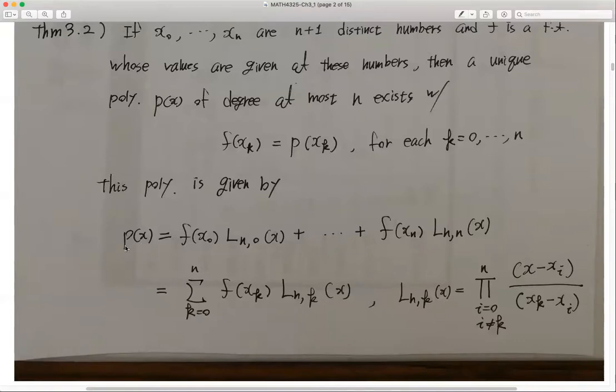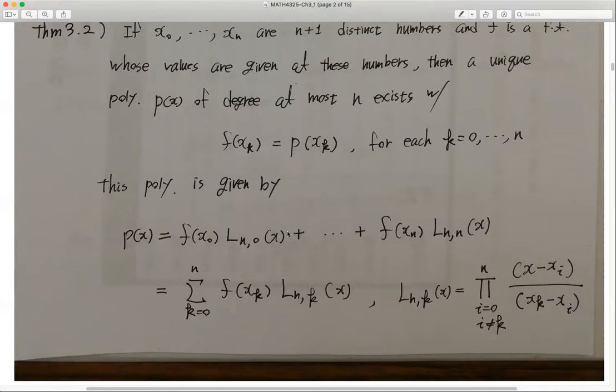So how do we construct the Lagrange polynomial? P of x is defined by f of x naught times L n comma 0 of x, and so on. This is the nth degree Lagrange polynomial, the first Lagrange interpolating polynomial of degree n.